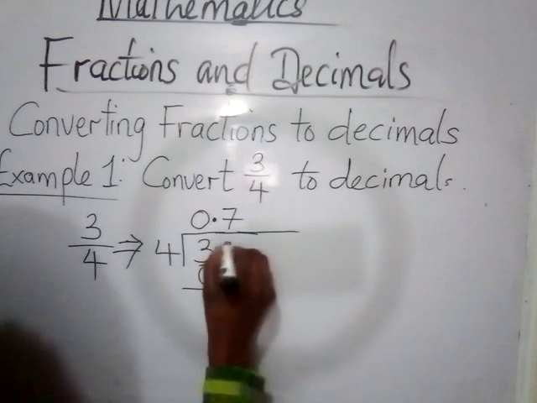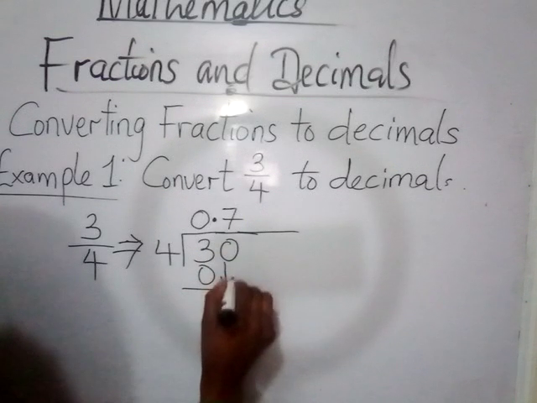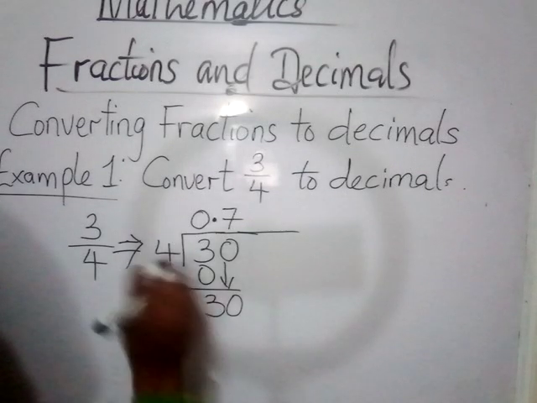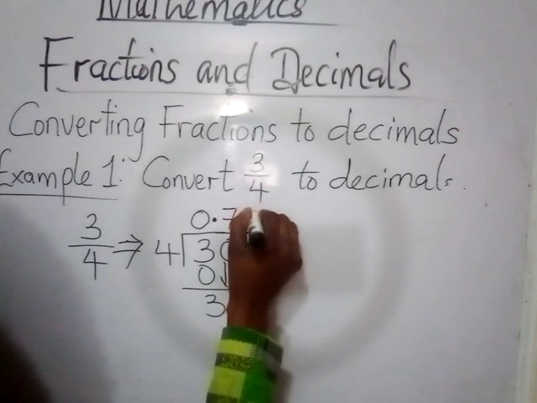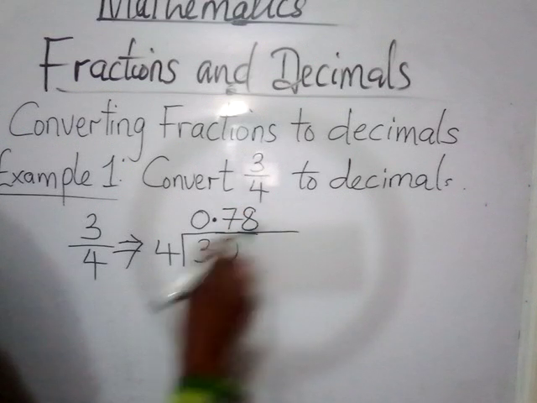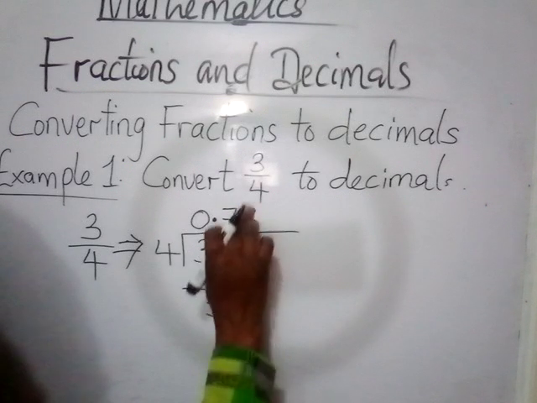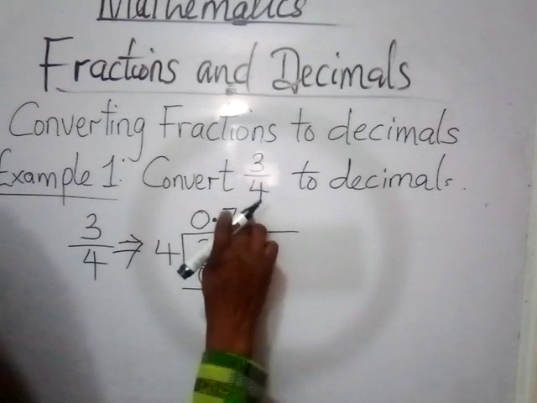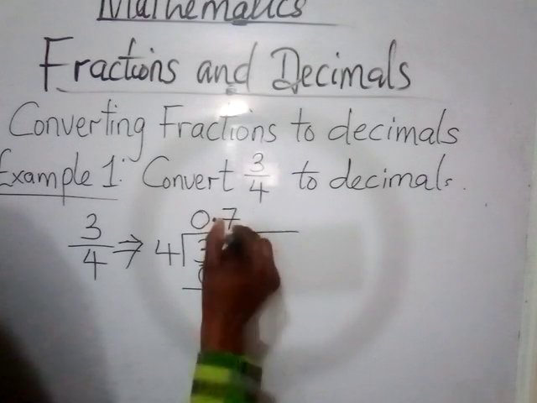Sorry, after the point you put the 0 here, which is the one you bring down here. Sorry about that. Now 30 divided by 4 is going to give you 7, which is what we have here.